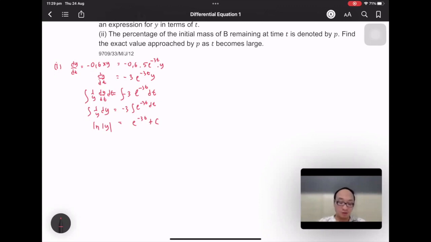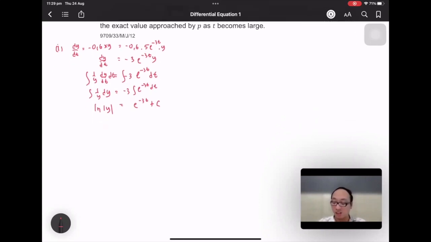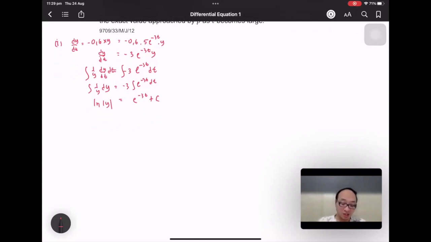So we can find c, or we can change the form first. To remove the ln, I will have y equals e to the power of e to the negative 3t plus c. So this is again A times e to the power of e to the negative 3t.